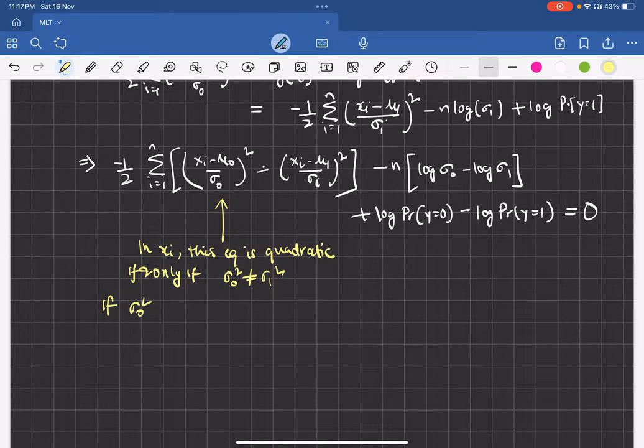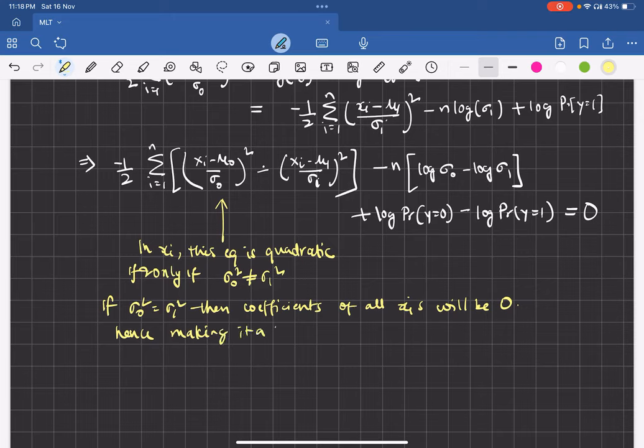If sigma naught square is equal to sigma 1 square, then coefficients of all xi's will be 0, hence making it a linear decision boundary. So we have proved that it will have a linear decision boundary if and only if both the variances are equal, right?